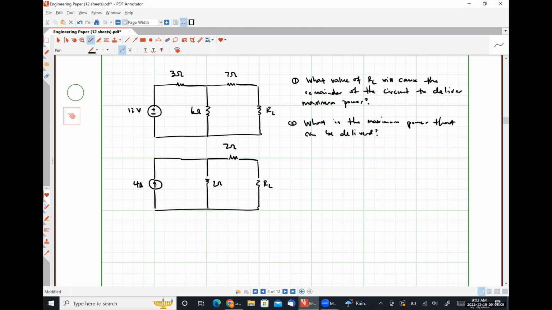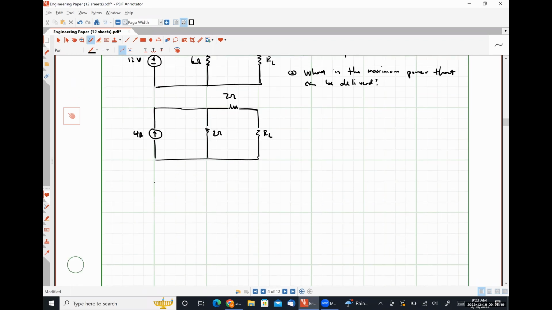So convert our practical current source into a practical voltage source. So that would be what? So 8 volts in series with 2 ohms. Sorry, that 7 looks too much like a 2.